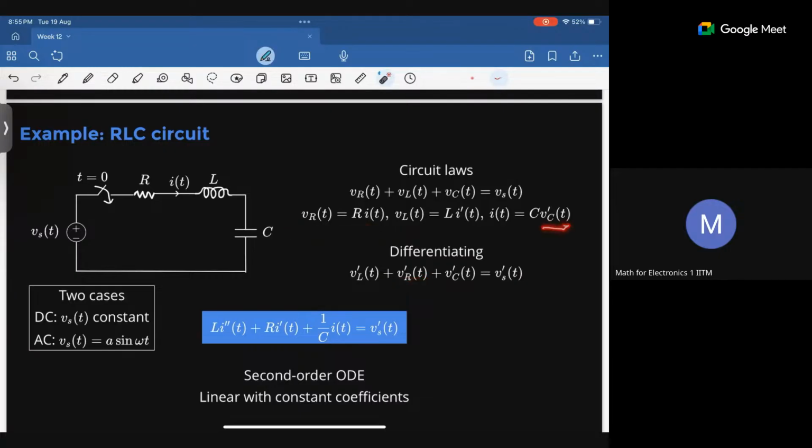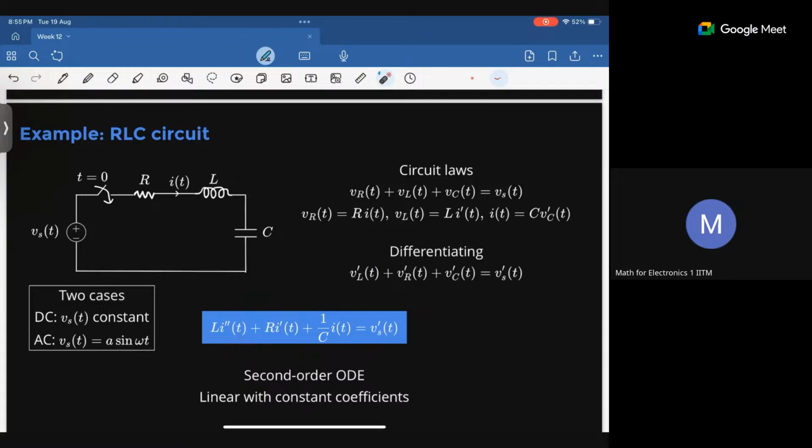And V prime C of t is already available, which is 1 by C i of t. And this is R i prime of t. Only one expression gets added: if you compare it with the RC circuit, the added term is L into I double prime of t.